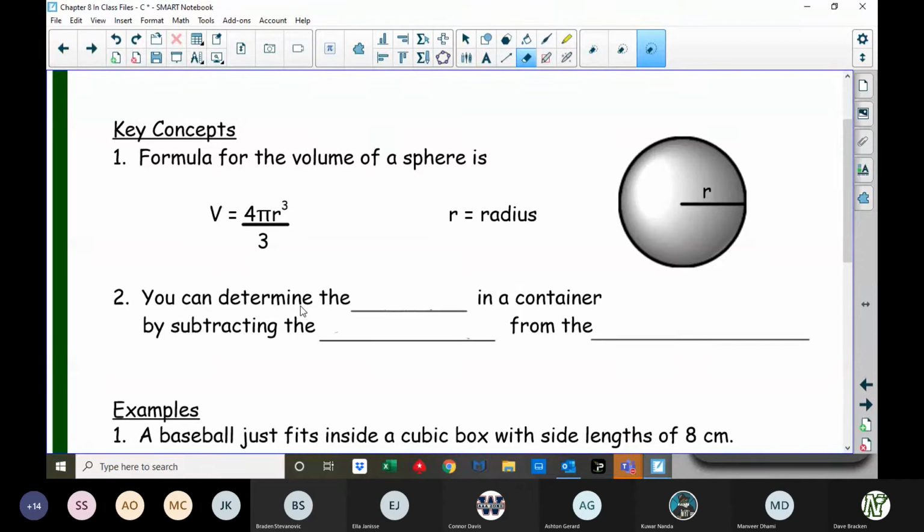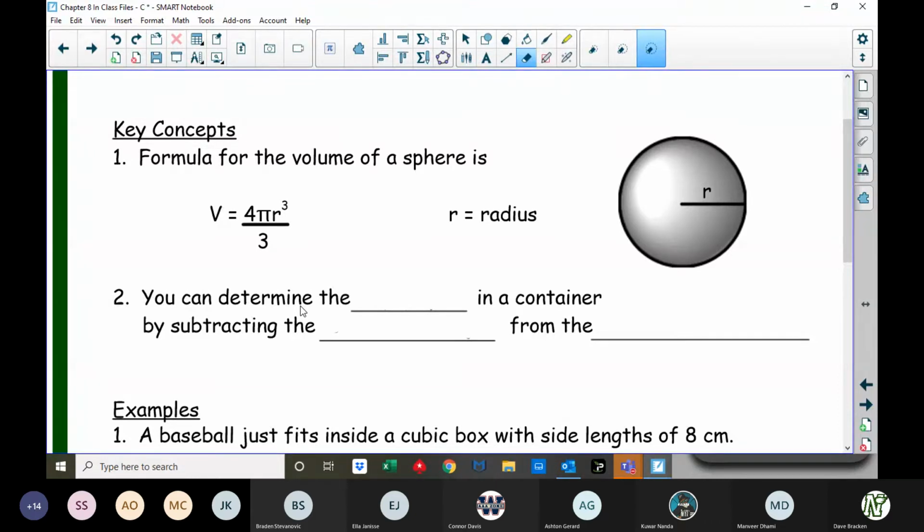A question that comes up a lot in grade 9, whether it be on tests or quizzes or EQAO or going forward, is always putting a sphere inside of like a box and seeing how much empty space there is. So if you can picture buying a brand new baseball or soccer ball or basketball, even tennis balls where they come in a container, when you put them inside, they take up a certain space, but there is space left over.